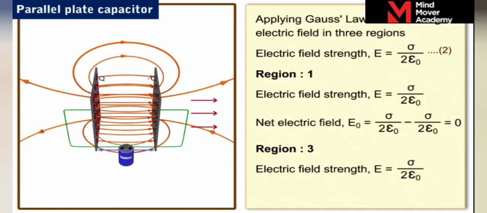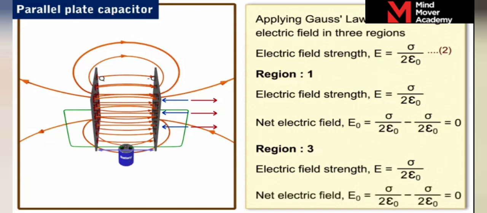We see that due to the negative plate of the capacitor, the electric field strength E is also equal to sigma by 2 epsilon naught and directed towards the negative plate and towards the left. Hence, in region 3, the net electric field strength is equal to plus sigma by 2 epsilon naught minus sigma by 2 epsilon naught, which is equal to 0, since the two electric fields are oppositely directed in region 3 as well.